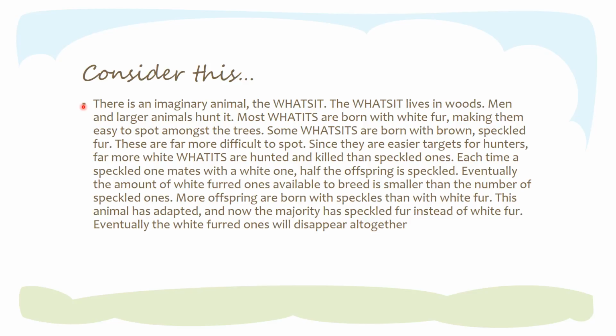So we're going to talk more about this in class. I want you to be able to tell me what they did in order to adapt to their environment. Remember, you can listen to this again if you need to. Just be prepared to explain what happened to this species of whatsits in order to get them to survive.